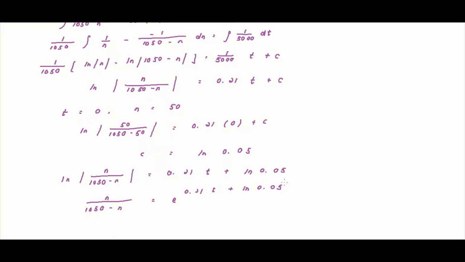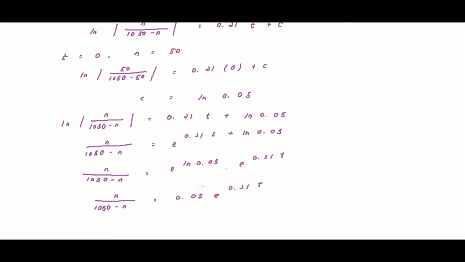Okay, now same thing, we need to rearrange it. So n over (1050 minus n) will give you e to the ln 0.05 multiplied with e to the 0.21t, which will give you n over (1050 minus n) equals 0.05 e to the 0.21t.